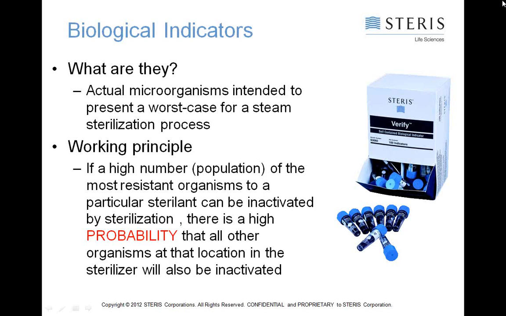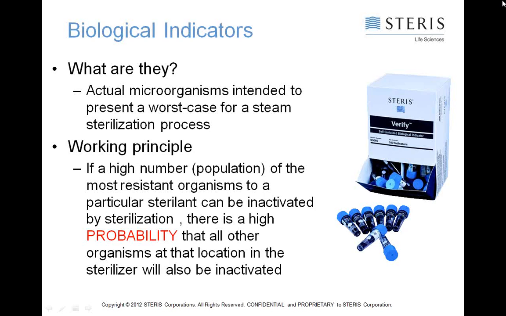When looking for the right option for your process and facility, some things need to be considered. These include the space available to place the BI, any substrate requirements, the population or number of spores on each strip, the D value, as Ken talked about, or the resistance of each lot.